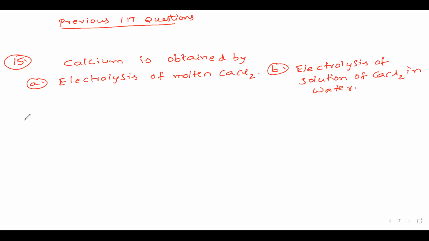Option C, reduction of calcium chloride with carbon. And option D, roasting of limestone.